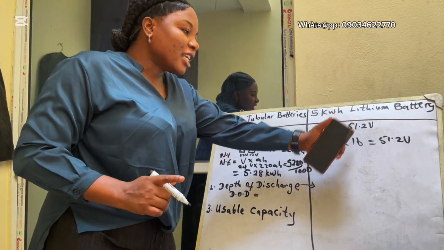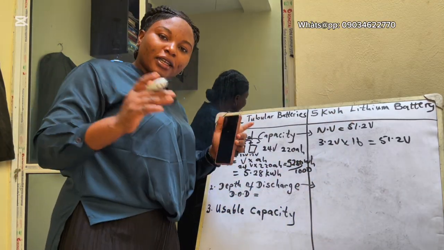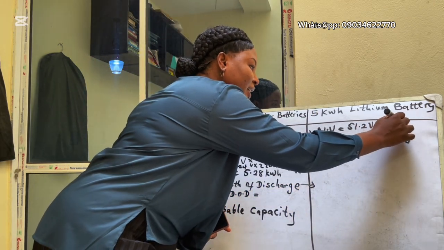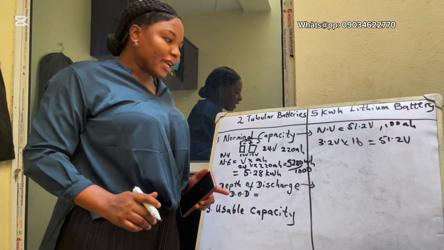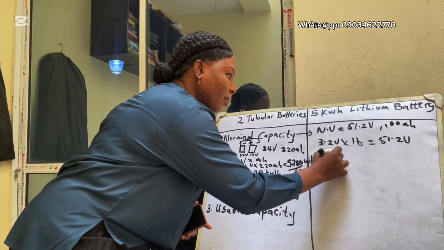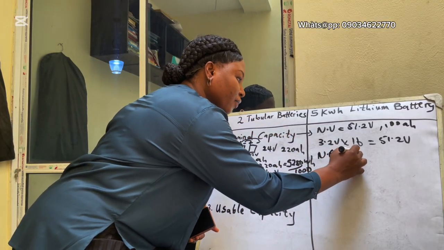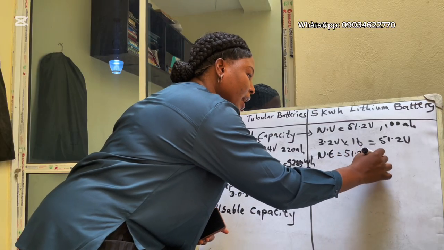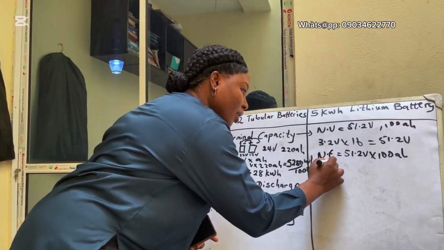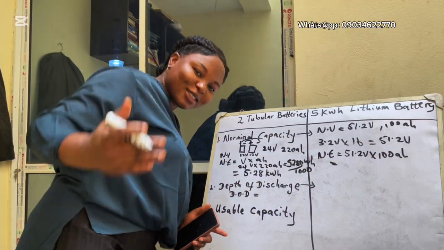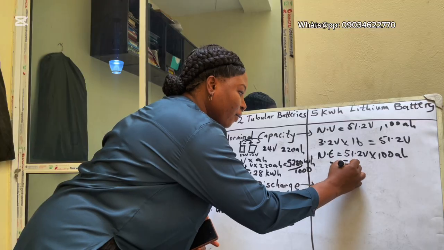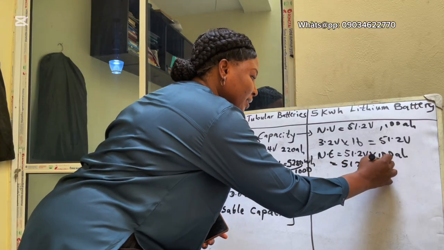Now the nominal capacity of the 5 kilowatt lithium hour battery is 100 amp hour. To get the nominal energy, you say the nominal voltage 51.2 volts multiplied by 100 amp hour. Is that clear? So what do we get? We have 5120 watt hour.